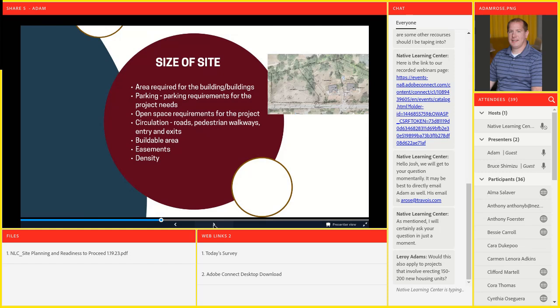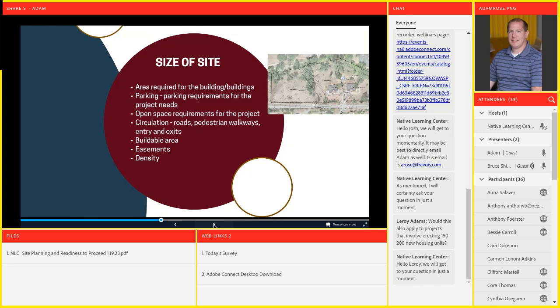If it's in the city, the first thing I do, depending on how familiar you are with zoning ordinances and land use ordinances, if you are familiar, that's the first place I go. I go to the city's website and look up their zoning ordinance, look at the zoning map and see what the site's zoned.